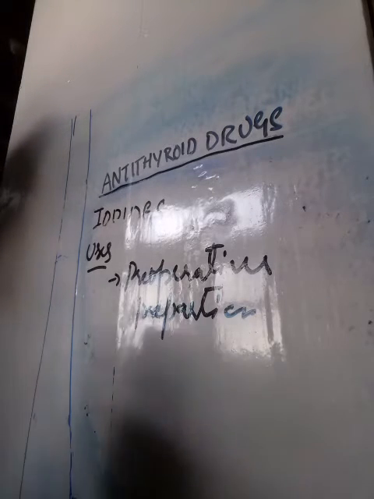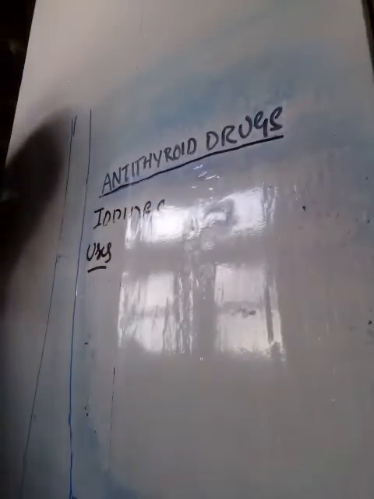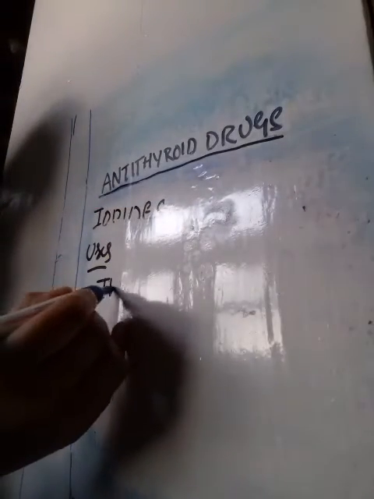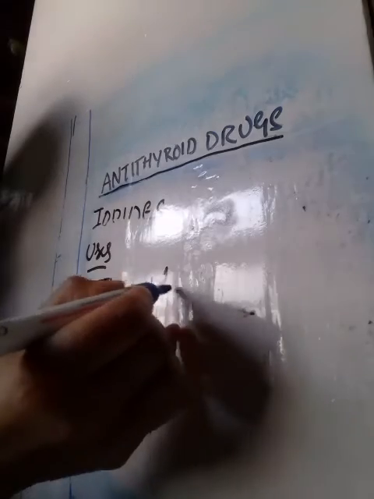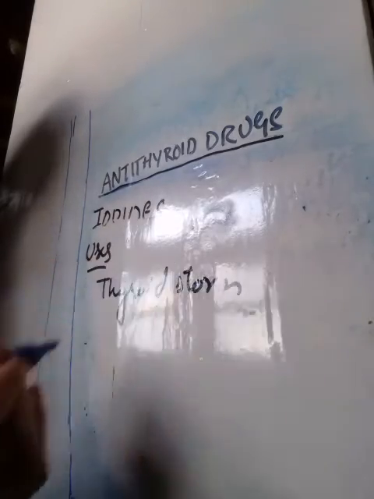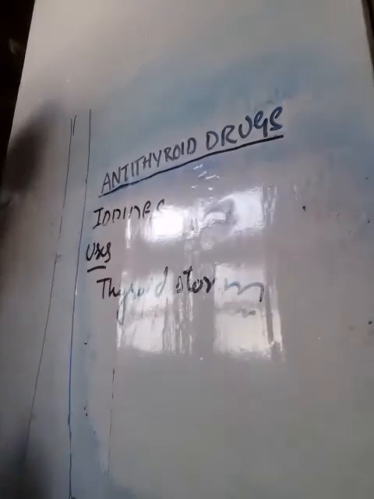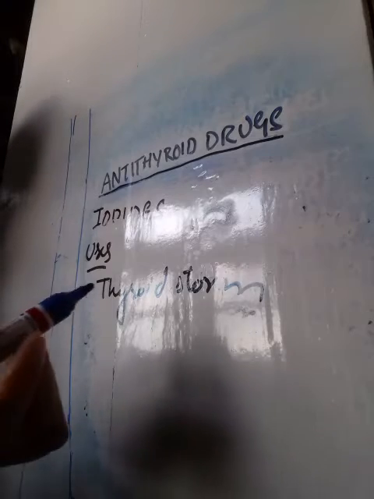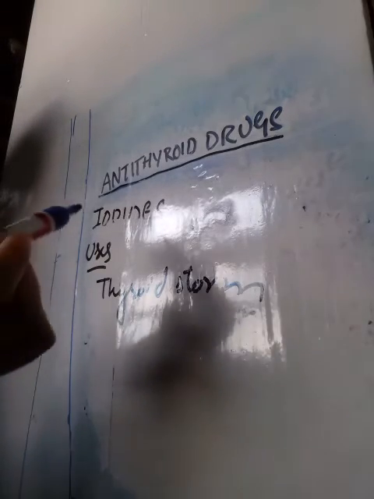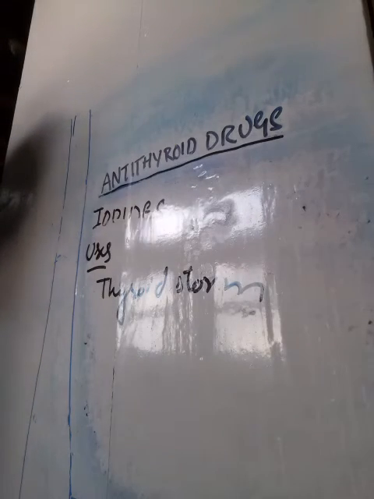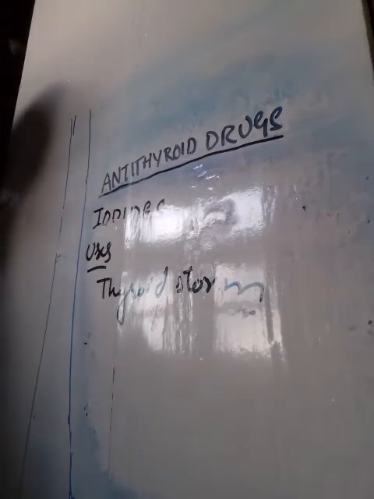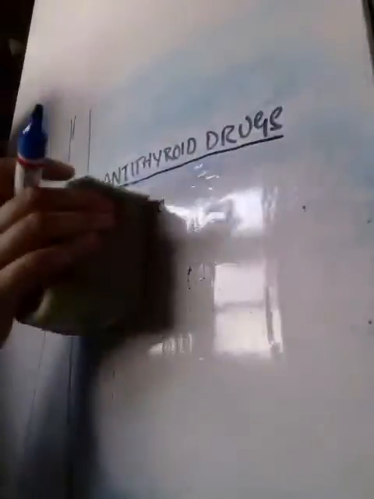Next, it's also used in thyroid storm. When there is a sudden and excessive release of thyroxine, that is controlled by the iodides. It can be also used as an antiseptic and as well as an expectorant. So this was the uses of the iodides.